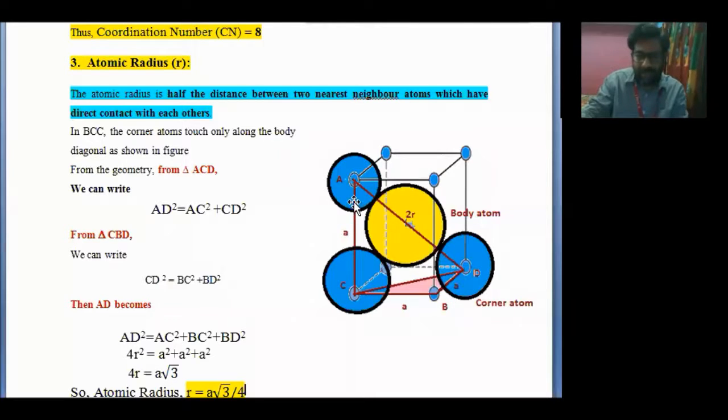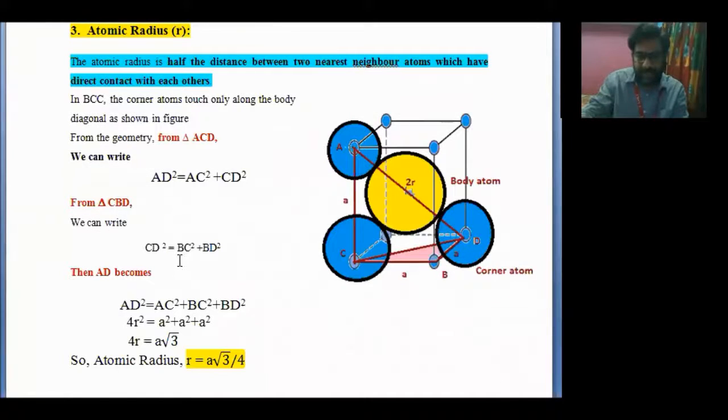From the triangle ACD, we can write AD the whole square is equal to AC the whole square plus CD the whole square. Here AD square is 4R square, AC square is A square, and CD square is an unknown value we have to measure from the second triangle CBD. From triangle CBD, we can write CD the whole square is equal to BC the whole square plus BD the whole square.